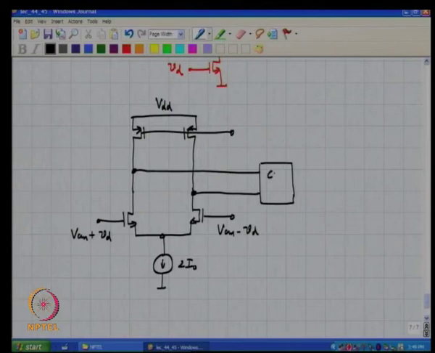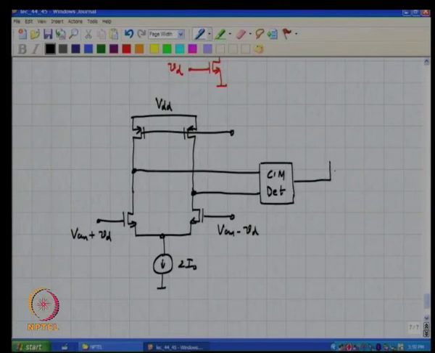So, this is a common mode detector whose job is to sense the output common mode voltage. One simple way of doing it, as we just saw, is a resistive common mode detector, which simply is a potential divider. Unfortunately, it loads the differential mode equivalent also.